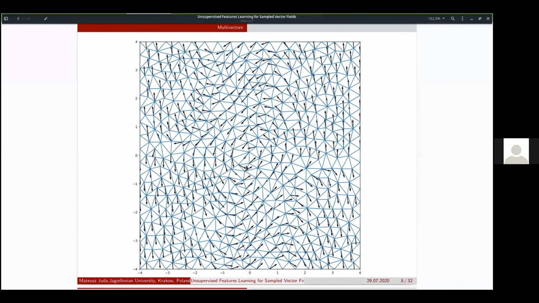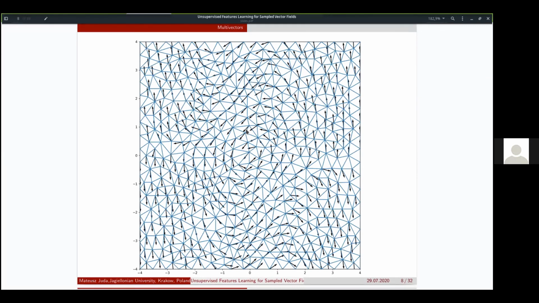We are going to use a topological approach. First of all, we need to create some topological space for the data. In this presentation, the topological spaces will be quite simple. Those are just two-dimensional simplicial complexes, triangulations of the plane, and the triangulation is taken on the points where the vectors are attached.